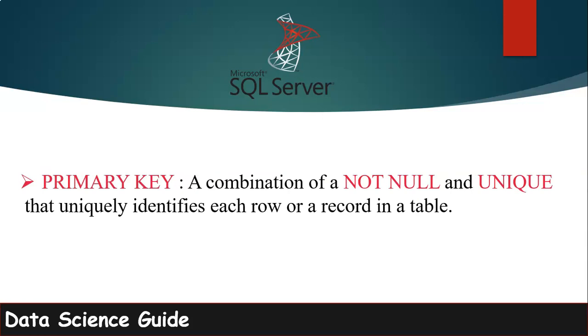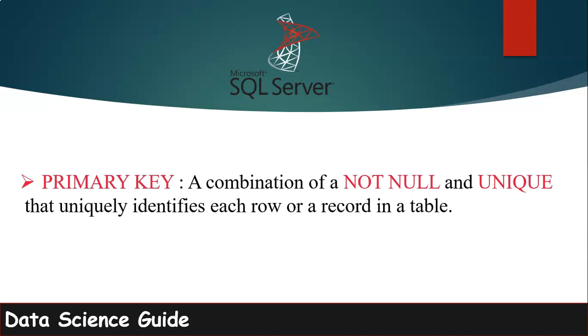The third type of constraints here is primary key. Primary key is a combination of a not null and unique that uniquely identifies each row or record in a table. So as you see here, when we create a primary key in a column, that means we are enforcing two conditions, not null and unique.